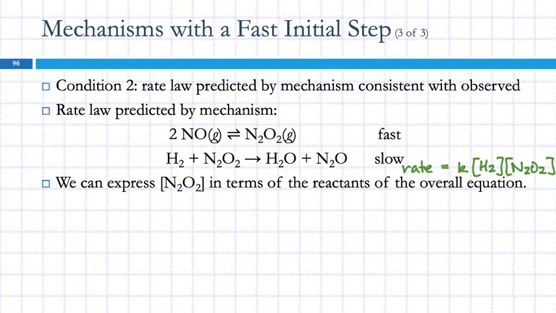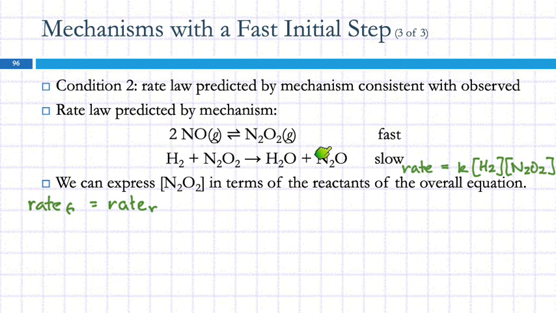We can assume that the fast step is going to form an equilibrium, and when that happens, the forward rate equals the reverse rate, right? So the rate forward is equal to the rate in reverse for that fast step. Well, we can write a rate law for the forward reaction.